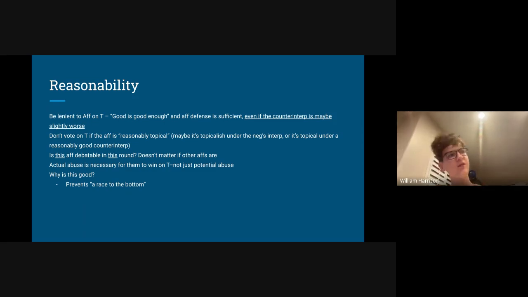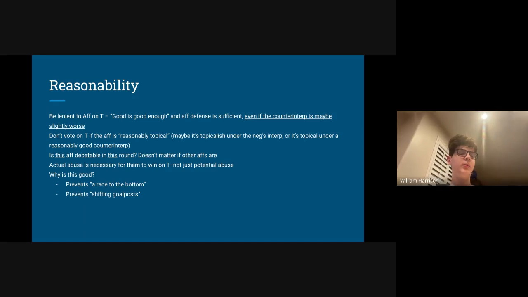Then maybe you adapt, then they do it again. This is called the race to the bottom, which is that if we don't allow reasonably topical AFFs and we keep these strict limits, then the limits are just going to keep shrinking as AFF debaters attempt to meet them. Because neg debaters always want to be able to go for T because T is just so valuable strategically to them.